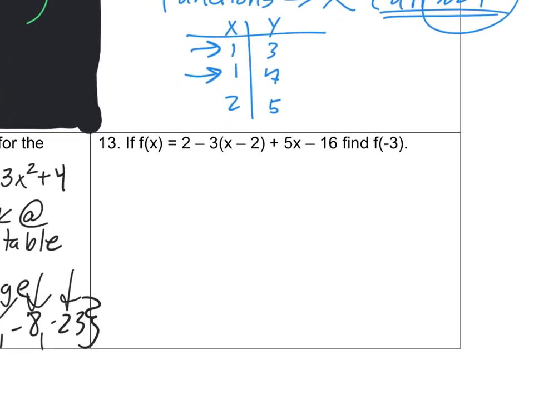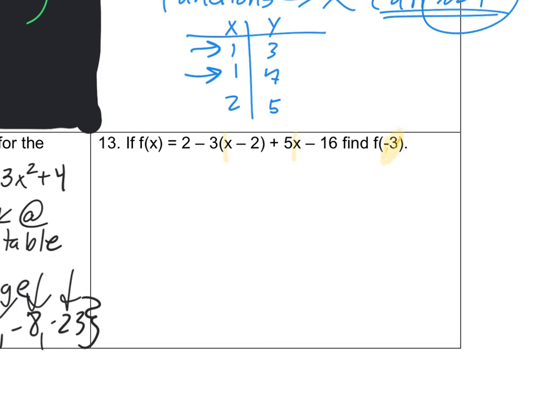Now, let's take a look at number 3. I've already told you that I'm partial to using the calculator on these types of problems, so we're going to go ahead and plan for that. So here they want to know what f of -3 is. And I know -3 is where the x is going to go.